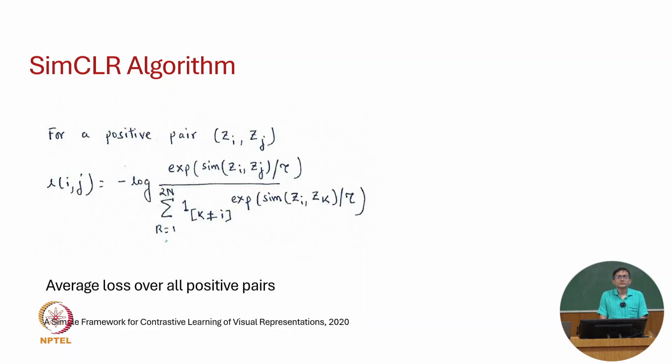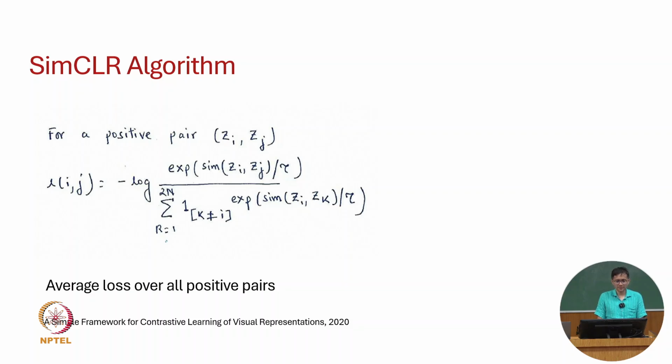Now, considering a positive pair Zi, Zj, we can compute for these pairs i and j a loss term, small l, which is taking this similarity between Zi and Zj.